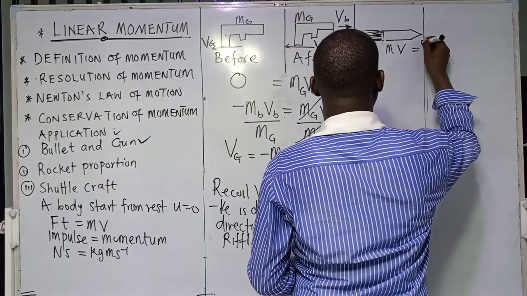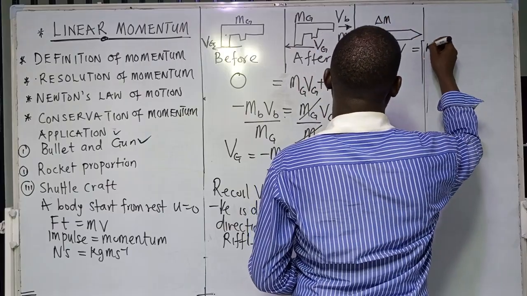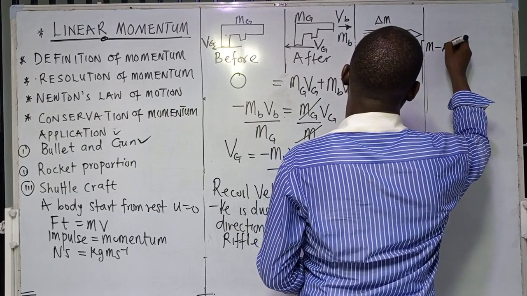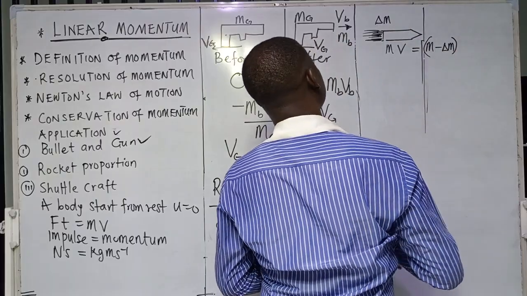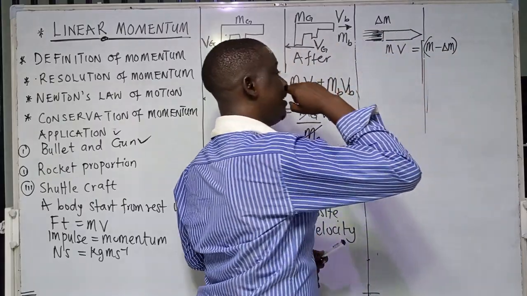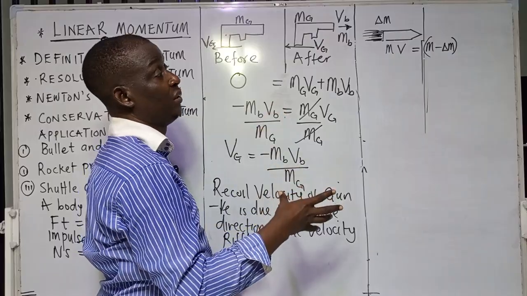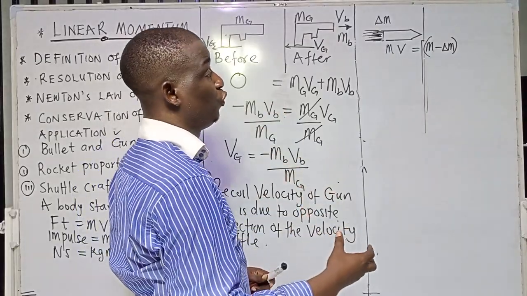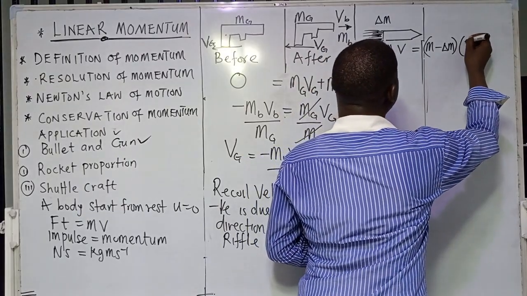Momentum after, by that time, there will be a change in mass. So which is M minus the change in mass when it is moving. Because if you assume the fuel will be reduced for the rocket, the fuel will be reduced and the total mass will have dropped. But the velocity will increase.